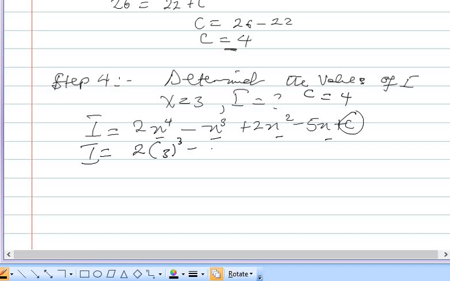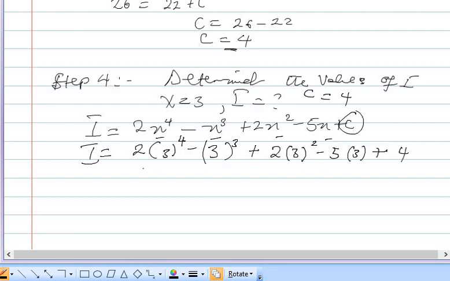So we have 2x, our x is 3, that's power 4, minus 3 power 3, then we have 2 into 3 square, minus 5 into 3, then plus c, our c is 4.